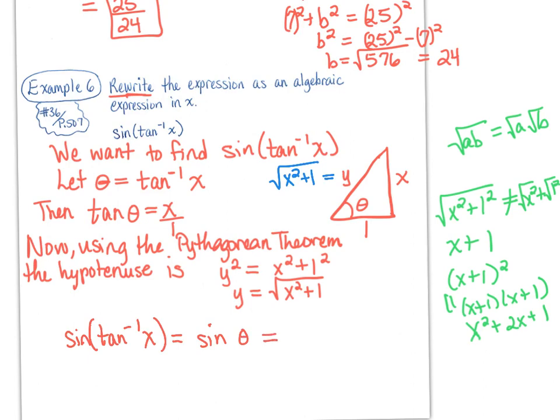And sine of theta is what? X over the square root of x squared plus 1. You got it, and you leave it just like that. That's sine of tangent inverse of x. So we wrote an algebraic expression in x.